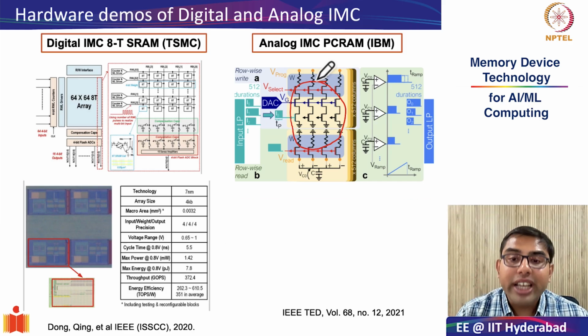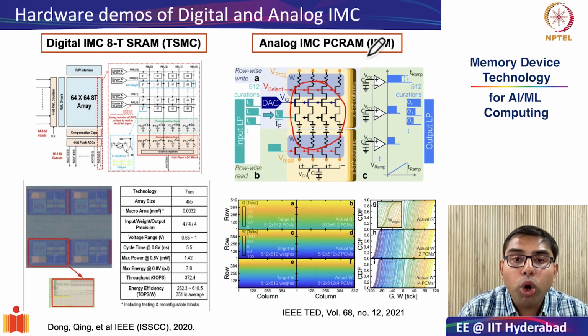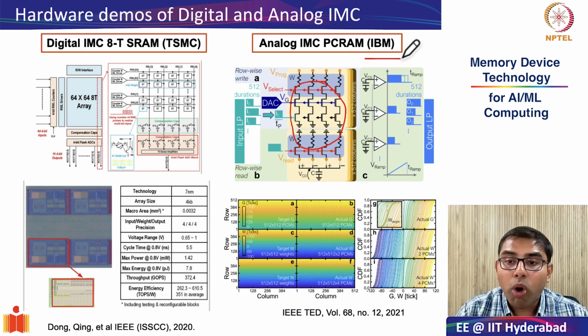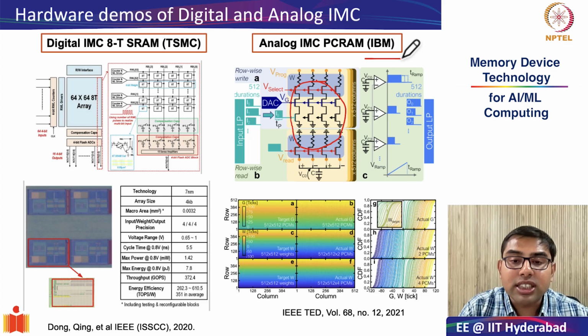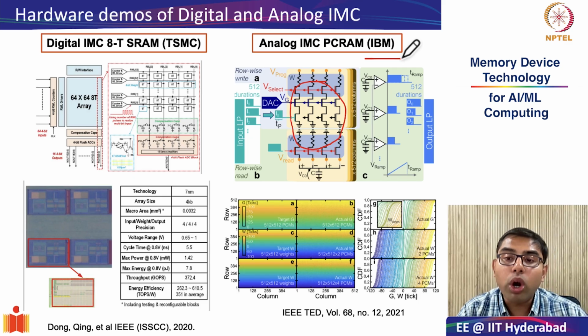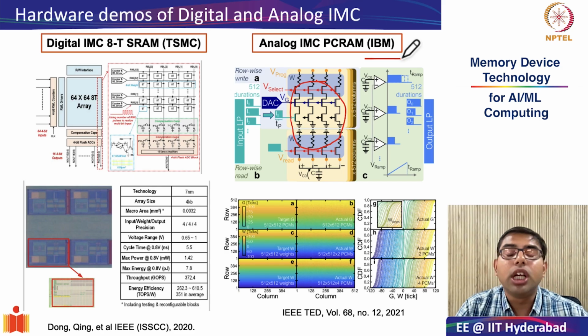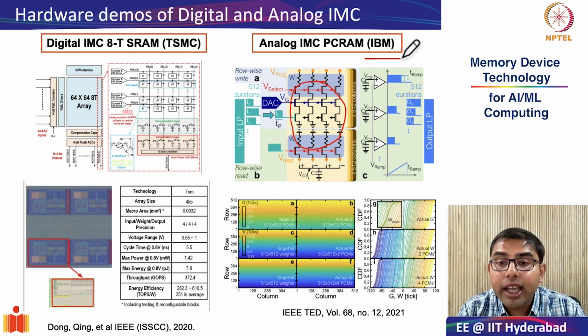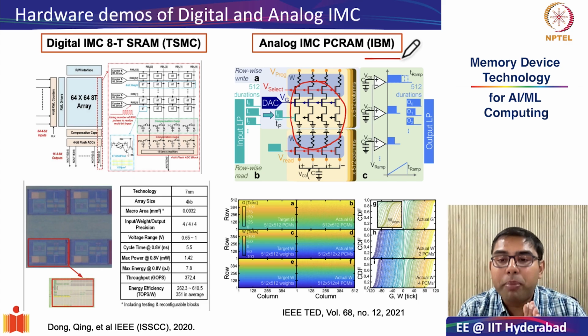The main reason for the success of this PCRAM based AIMC design, which was shown by IBM, was the ability to tune multiple level conductance states, where these states encode analog weights, which enable high density and very fine grained weight representation, which is absolutely necessary for neural network inference with decent precision.